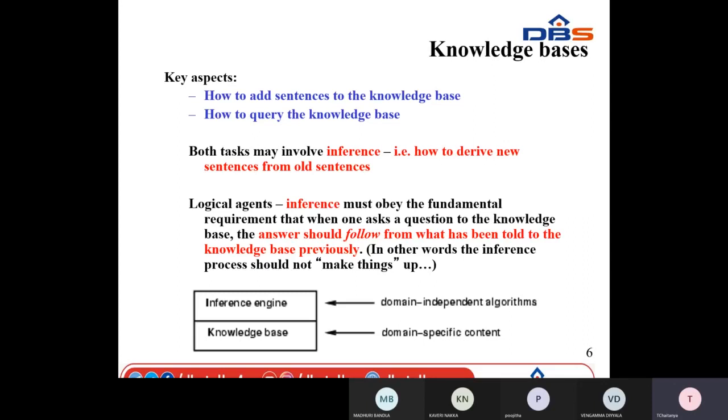Both tasks may involve inference, that is, how to derive new sentences from old sentences. How to derive new sentences from old sentences is the key role.